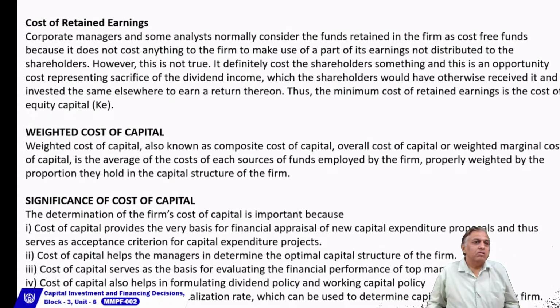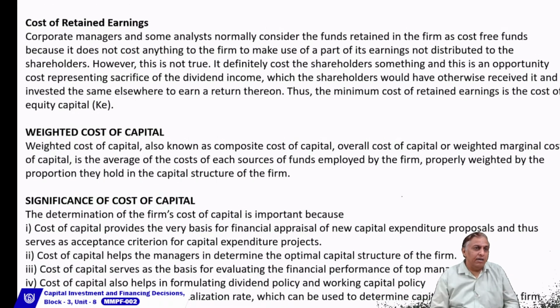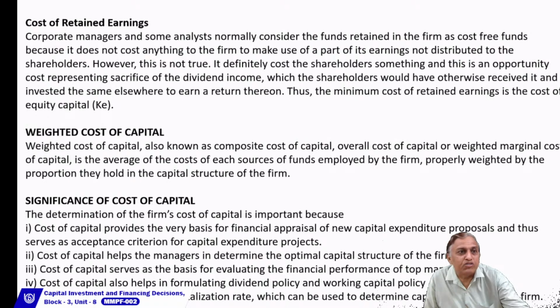Our next is cost of retained earning. Friends, the corporate managers and some analysts normally consider the funds retained in the firm as cost-free funds because it does not cost anything to the firm to make use of a part of its earning not distributed to the shareholder.